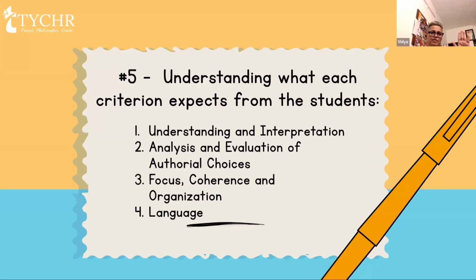Let's start from the bottom, because it always feels like, okay, I know what they understand when they say language. So let's start with the no-brainer. Criterion D, or the 4th criterion, is called language. It's worth 5 points. What do the examiners look for in this?